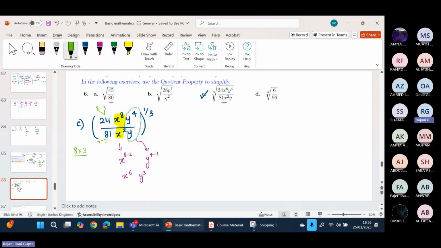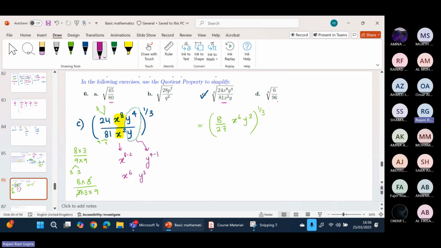81 is 9 and 9, and 9 further you can write as 3 and 3. So you can write it as 8 times 3, over 3, 3, 3, 9. Cancelling this, you can write it as 8 over 9 threes are 27, x power 6, y power 3, and whole power 1 over 3.